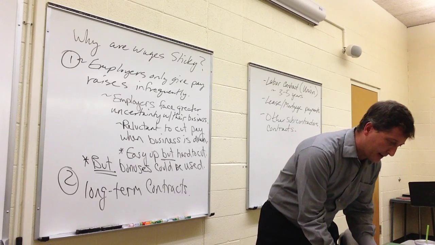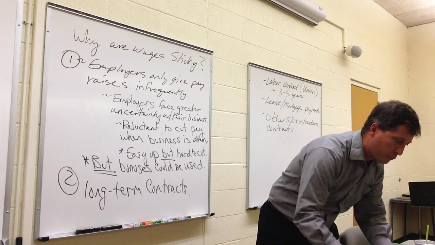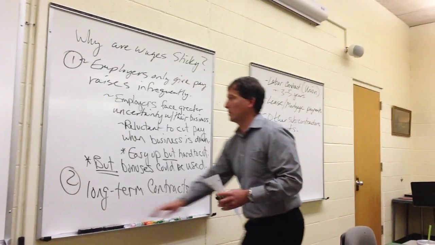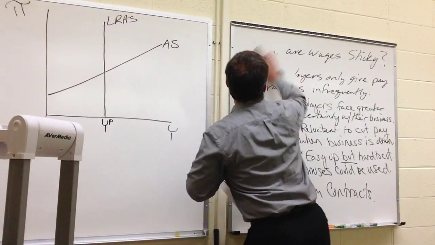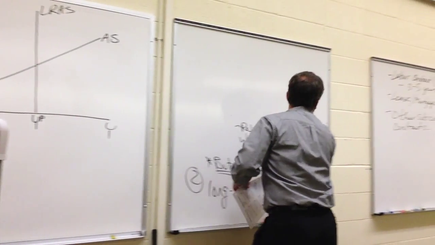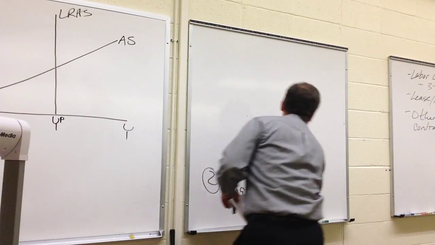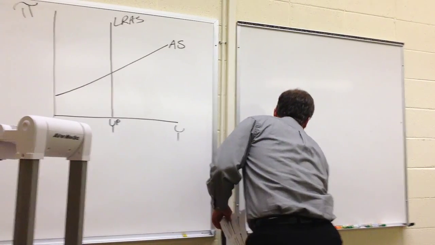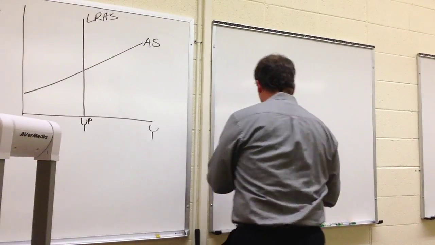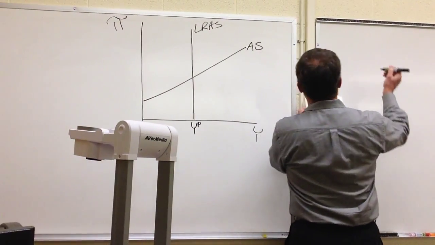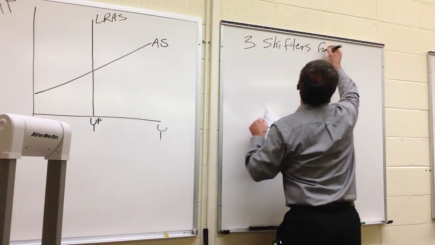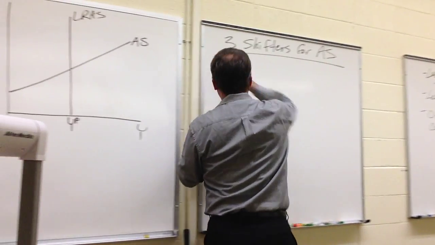So, what are the things that are going to shift? I'm going to write this equation as how your textbook did it, and then really the equation just shows all the shifters. So 3 shifters for aggregate supply.